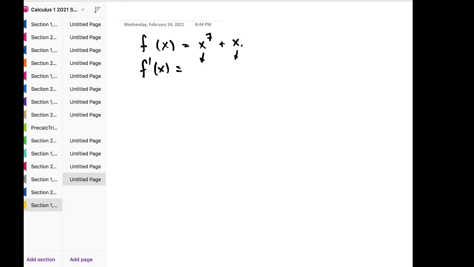And as the chat said before, it's 7x to the 6th is the derivative of the first, then plus 1 is the derivative of the second one. Does everyone agree with that and understand?